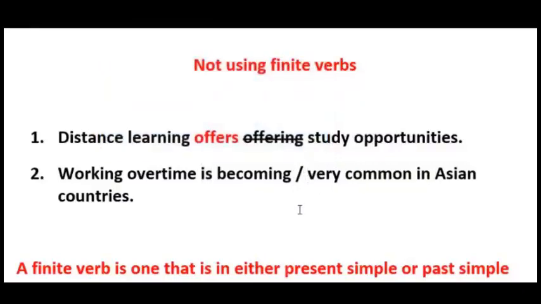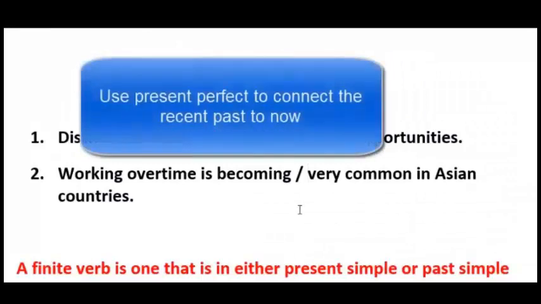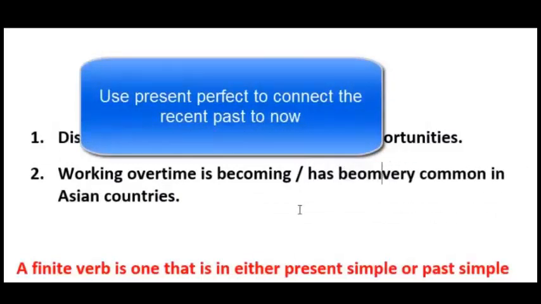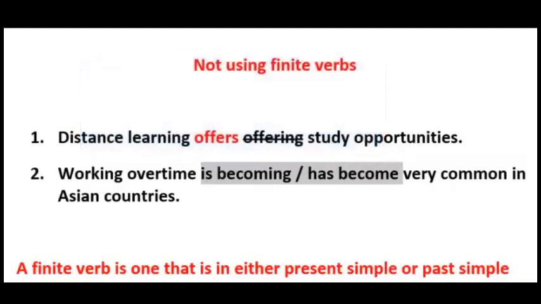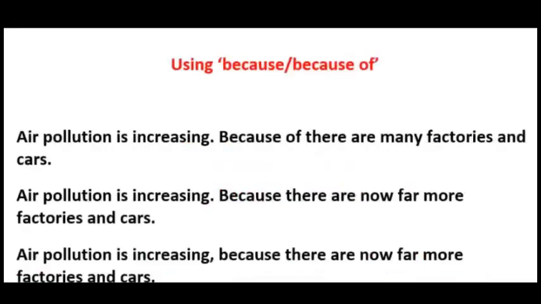Or if I wanted to connect the recent past with now, I could actually choose to use present perfect simple: has become very common. So it depends on your meaning as to which finite verb and which tense you use. But in both of these cases, is is a finite verb and has is a finite verb. And so I'm using a finite verb in both of these sentences.